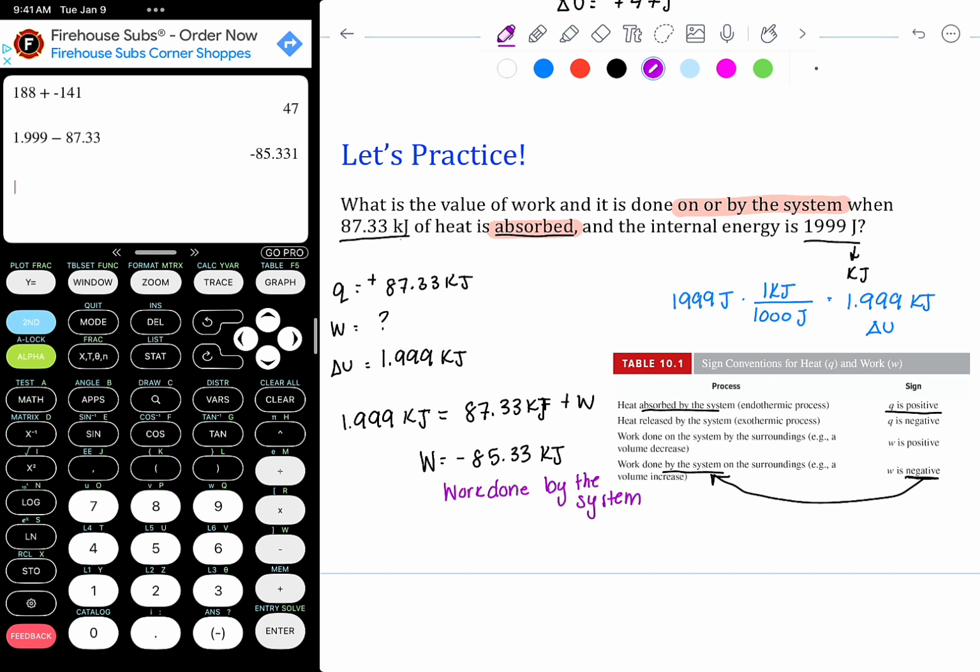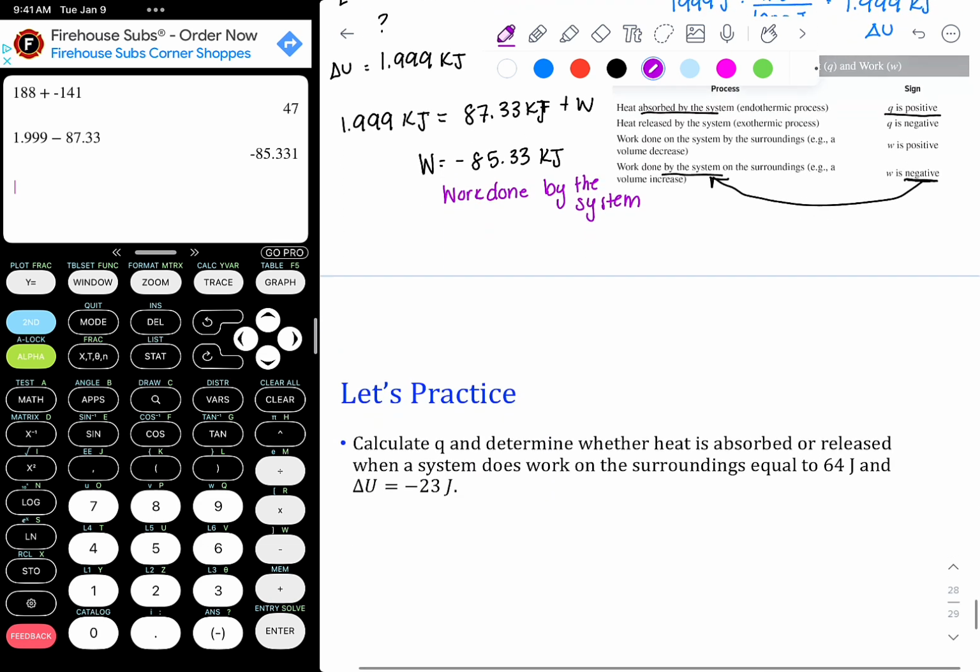And this is why our signs matter. This is why plugging things in with the correct signs is going to matter, because if we didn't plug it in correctly, or we had the wrong sign on Q, we would get a positive W, and that would be the wrong answer. Okay, so we have to make sure we pay attention to our signs.